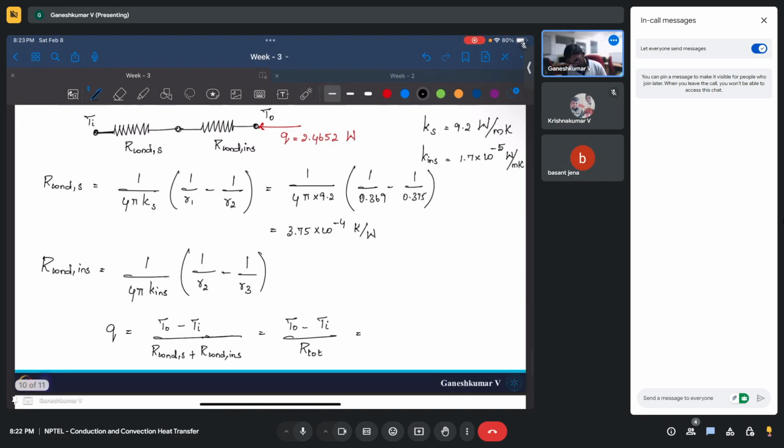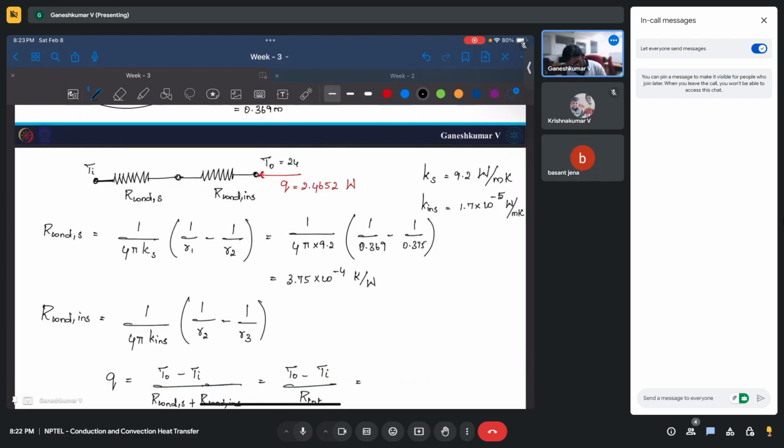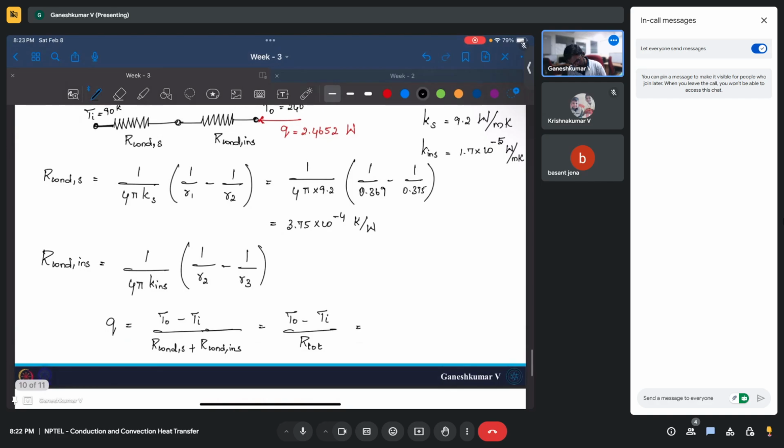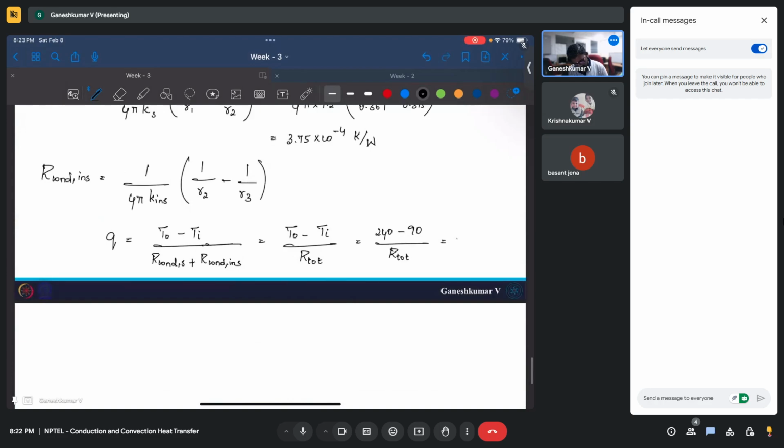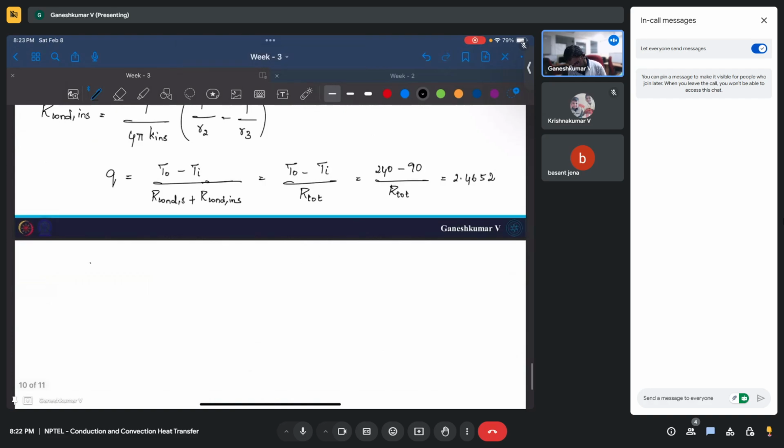This is 240 Kelvin and this is at 90 Kelvin. Since oxygen is only evaporating, it will maintain the same temperature of 90 Kelvin. So this will be 240 minus 90 divided by R total, which is equal to Q. We already found this to be 2.4652. So let's find out R total.